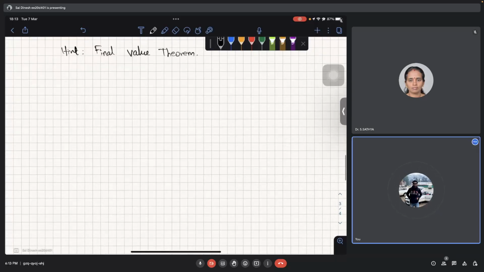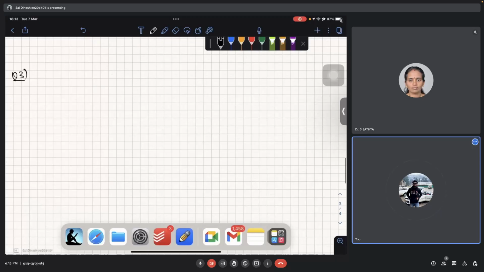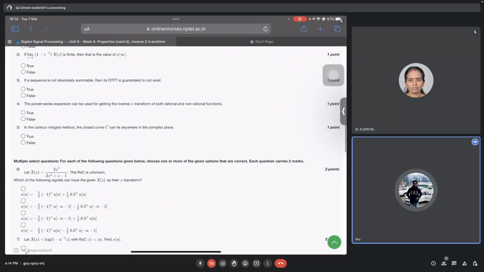Now let's do question number 3. Question number 3 states that if a sequence is not absolutely summable, then its DTFT is guaranteed to not exist.